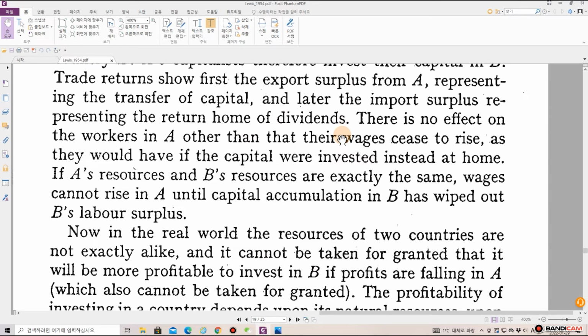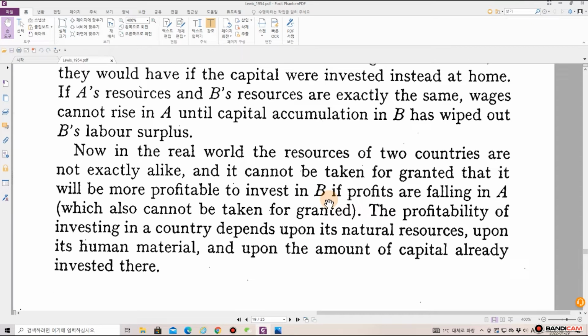There is no effect on the workers in A other than that their wages cease to rise as they would have if the capital were invested instead at home. If A's resources and B's resources are exactly the same, wages cannot rise in A until capital accumulation in B has wiped out B's labor surplus.